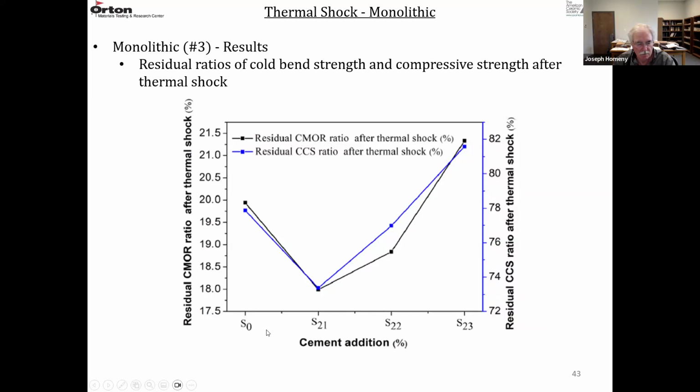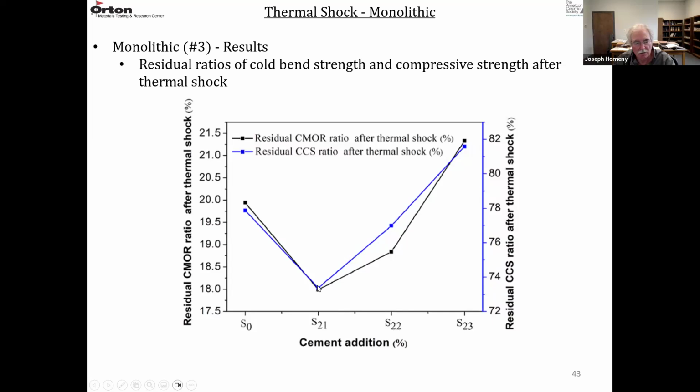So this has no ground cement. S21, S22, and S23 have the ground cement, and they're going up in cement content from S21 to S22 to S23. So this material S21 has a much lower cement content than the unground cement content over here.